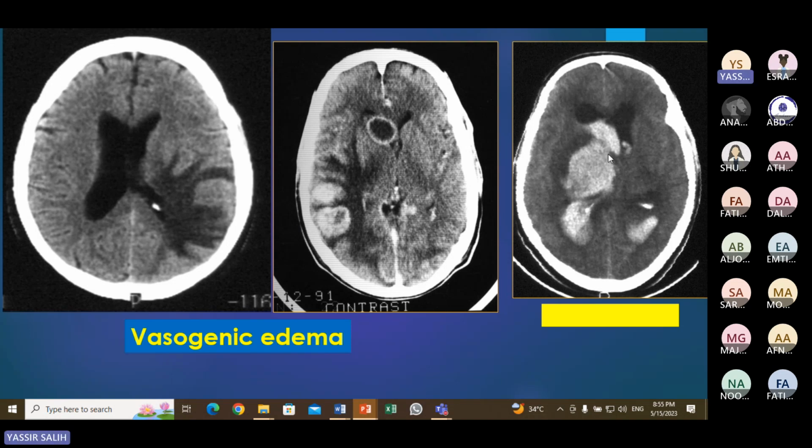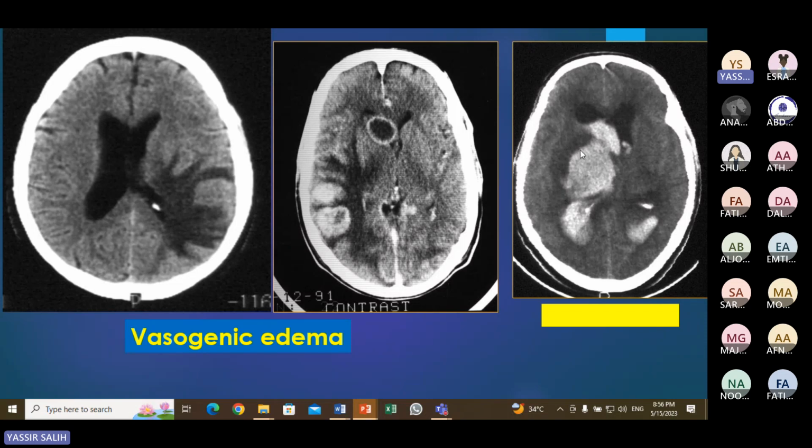But around the blood, or ischemia, if we have hemorrhage or ischemia, around this blood or infarction there is also edema, but what do you call it? Cytotoxic. Yes, cytotoxic brain edema.